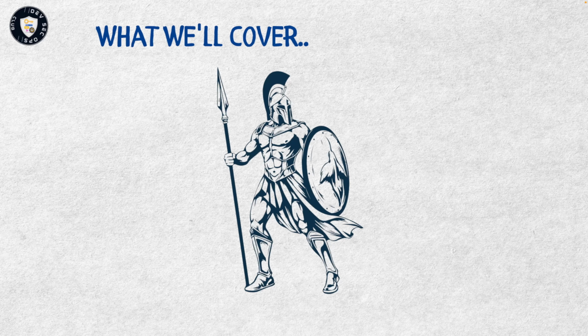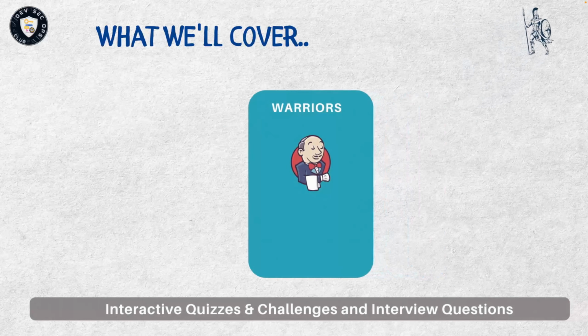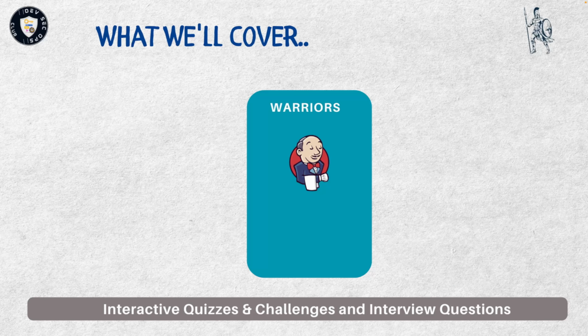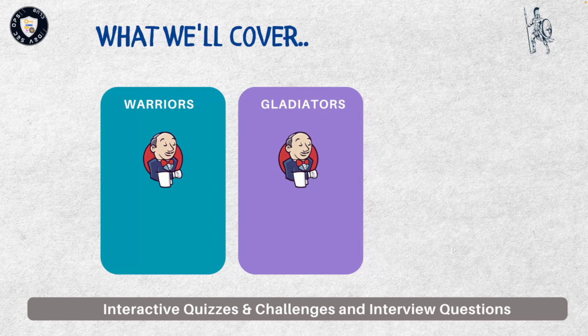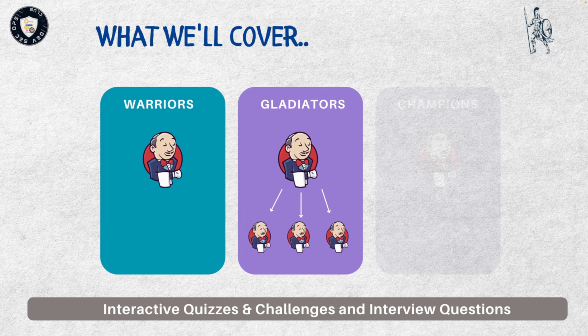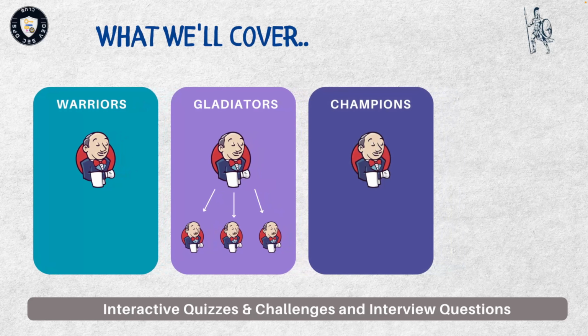As you know, I have given a theme to this day 4, and in the previous part, in the Warrior theme, we learned all the basic fundamentals of Jenkins. After that we also completed Gladiator, where we extended Jenkins functionality and learned how distributed builds and advanced functionality can be used in Jenkins. The last part was the Champions, in which we conquered containerization with Jenkins.